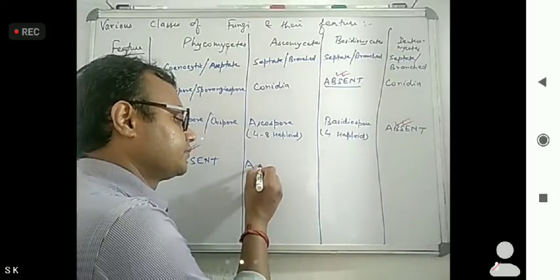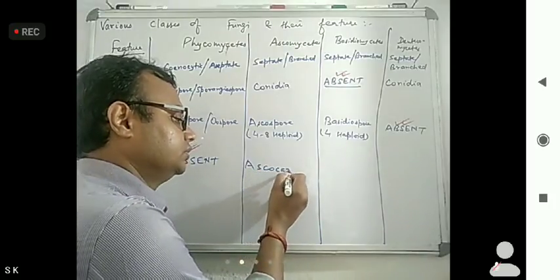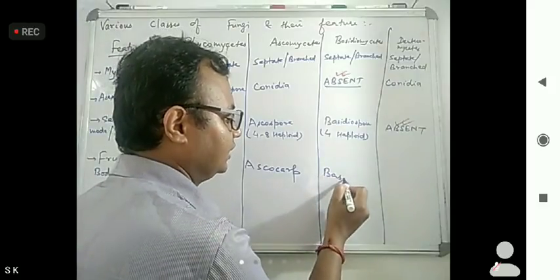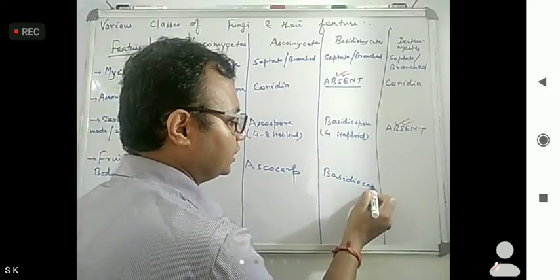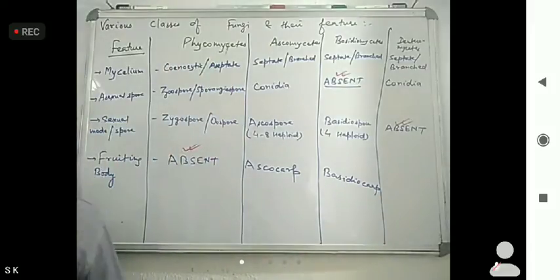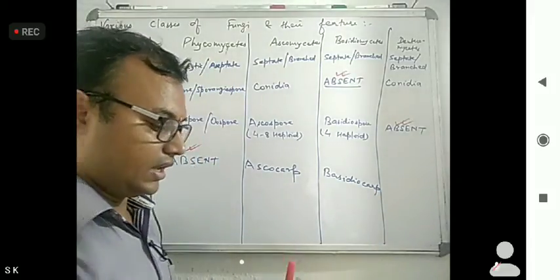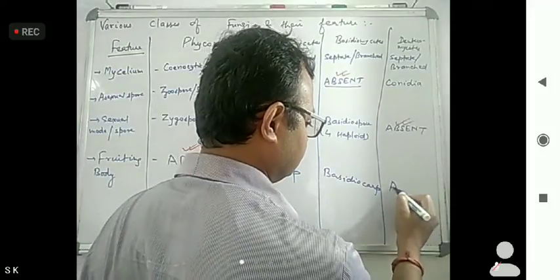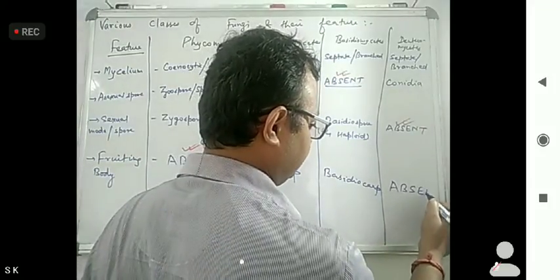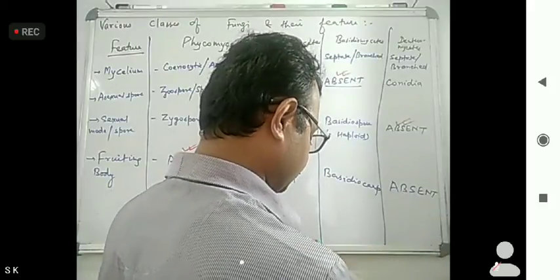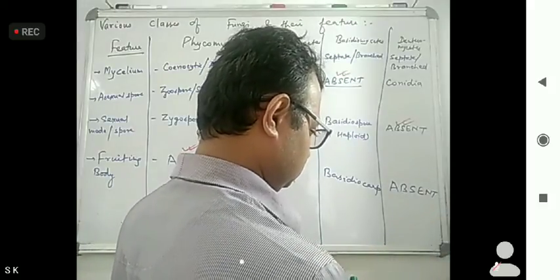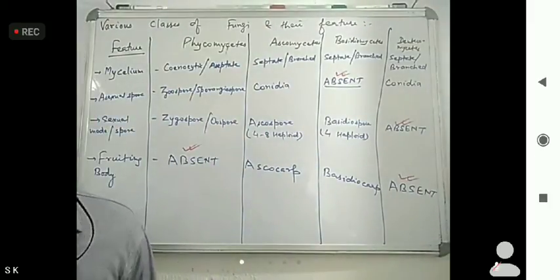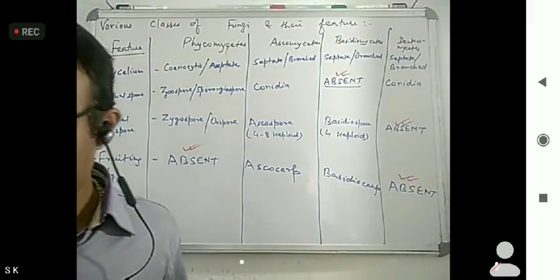Ascocarp. If we come to Basidiomycetes, what is that? Basidiocarp. Fruiting body is there. And in Deuteromycetes, here absent. Why? Because no sexual reproduction is found. So this is the tabular form of various classes of fungi.